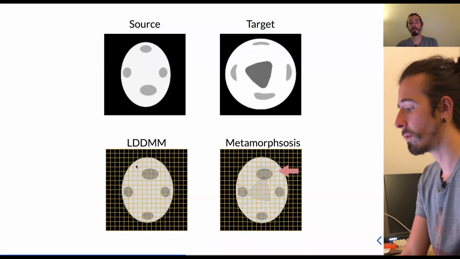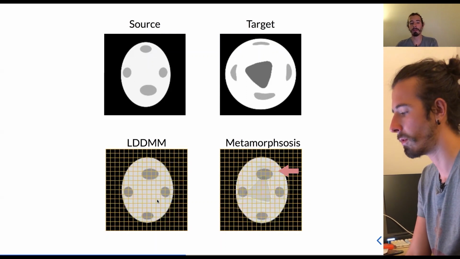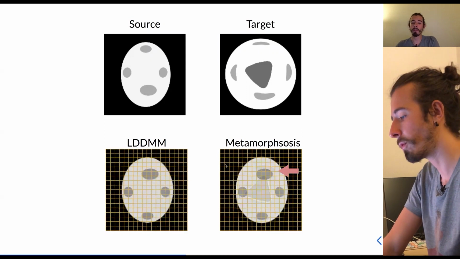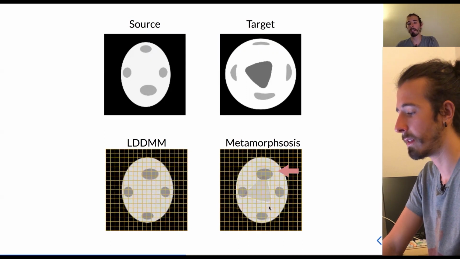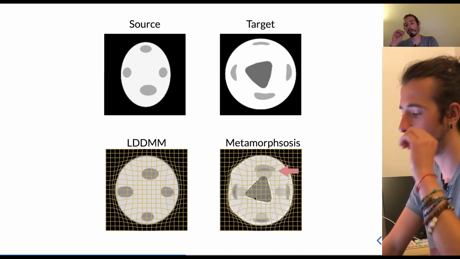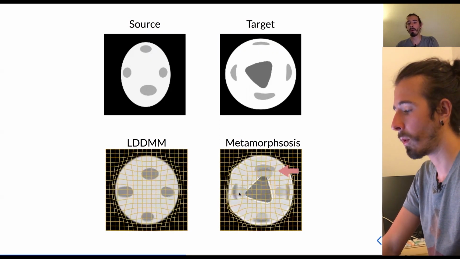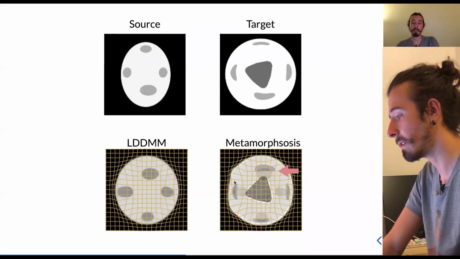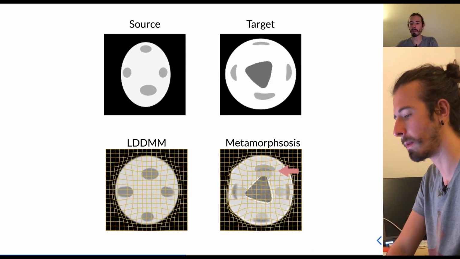If we try to match these 2 images with LDDMM, obviously it's not a well-suited method, and we have very bad results. If we use Metamorphosis, we have the intensity changes and we have the cancer. However, the organs are explained by intensity changes and not by deformation, which is not the result we wanted.